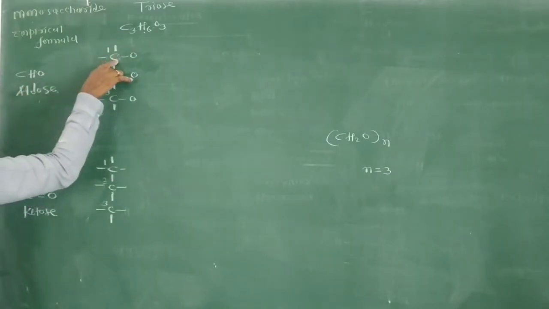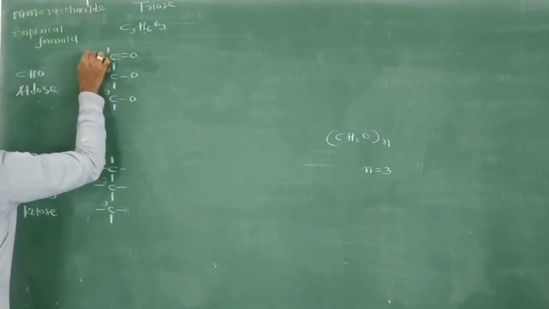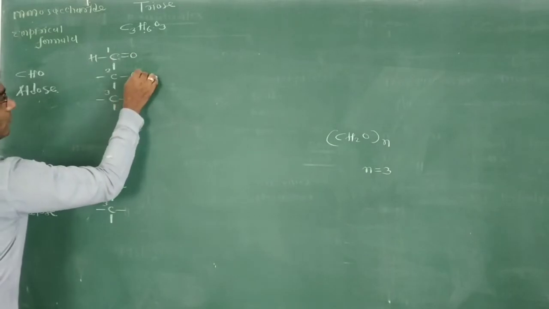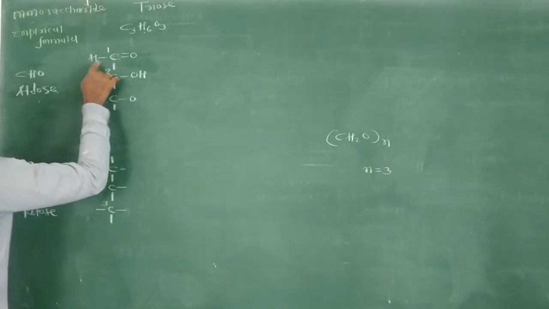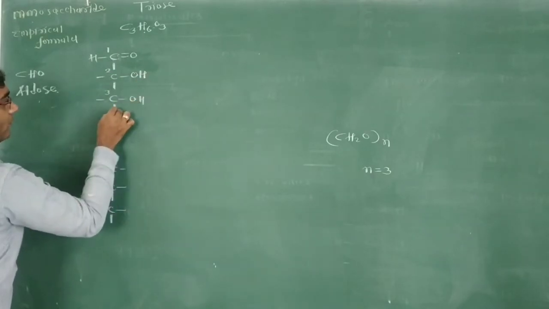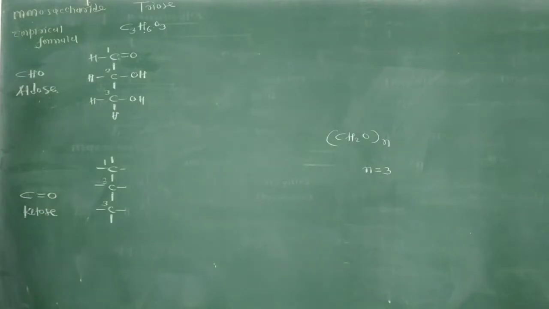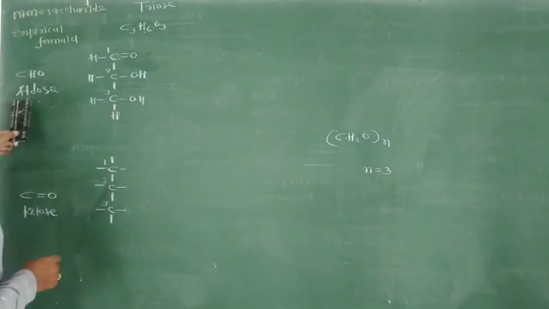The CHO group is present at the first carbon, so this is CHO, CHO. Now the rest of the 5 hydrogens we arrange: first already arranged, second, third, fourth, fifth and sixth. So this is one example of aldotriose.